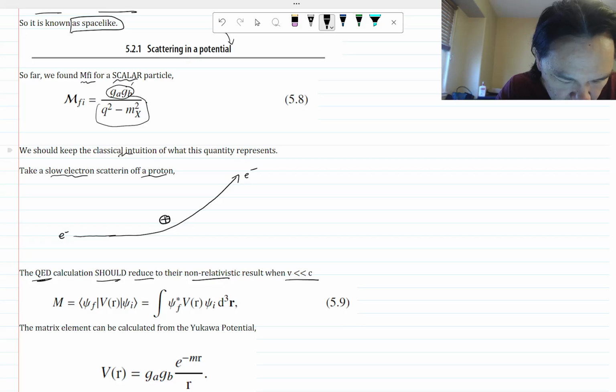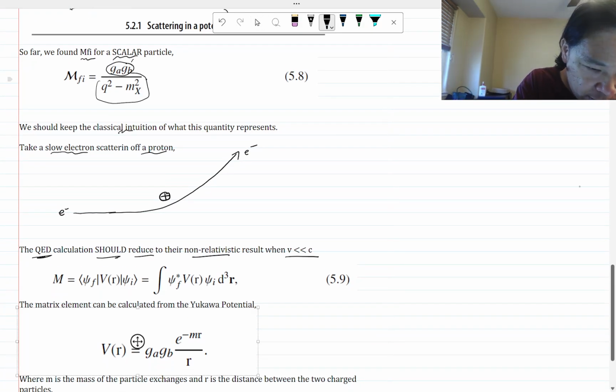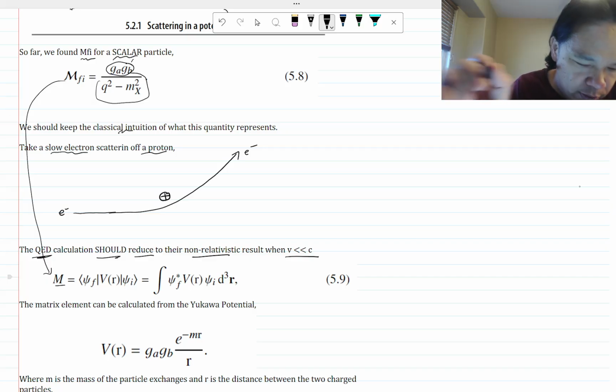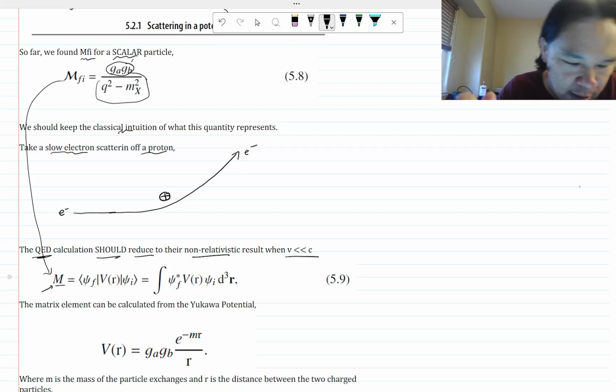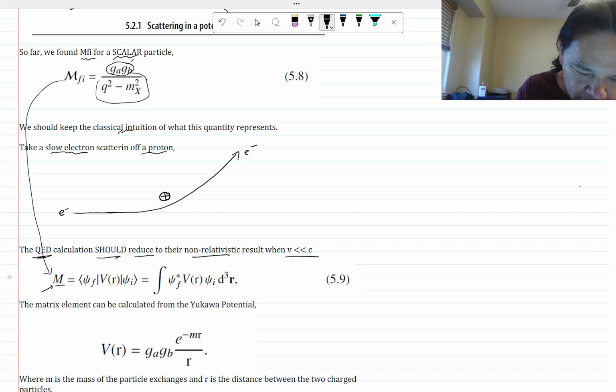When you do this calculation, if you want to calculate the matrix element, instead of the squiggly M we get just a regular bold M. So this is the non-relativistic matrix element. You can do the same calculation where you have this bracket around the potential from some initial state to some final state.